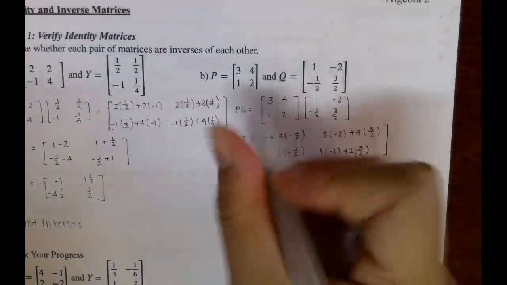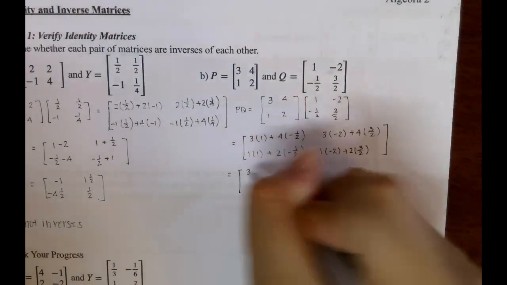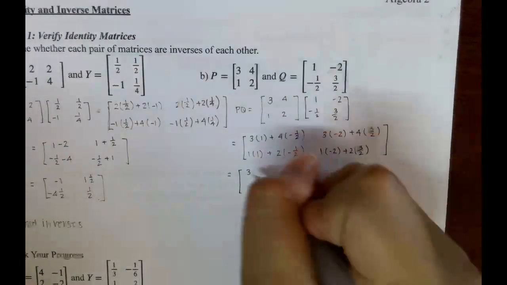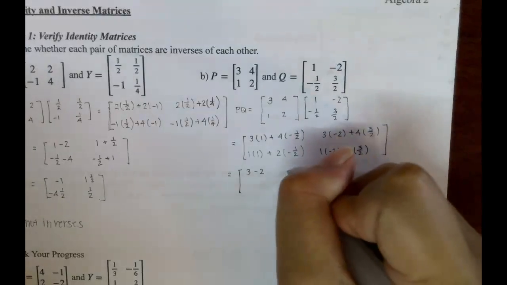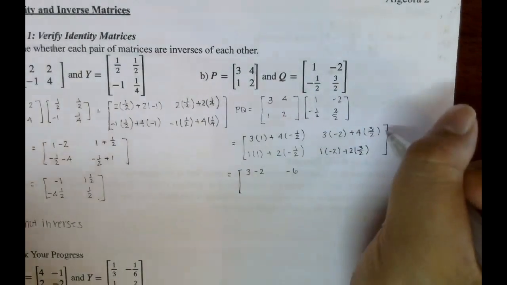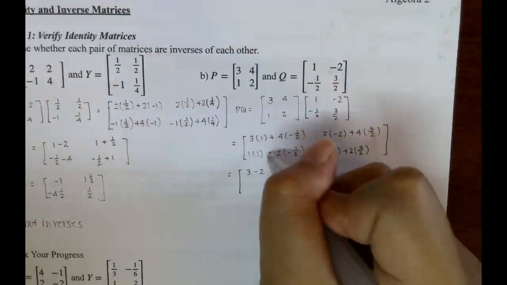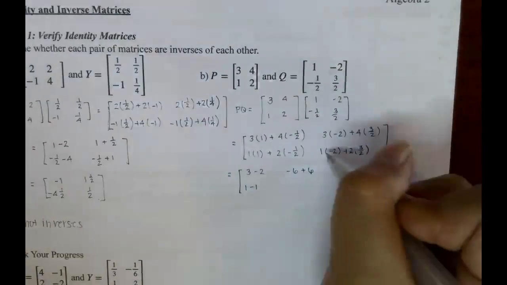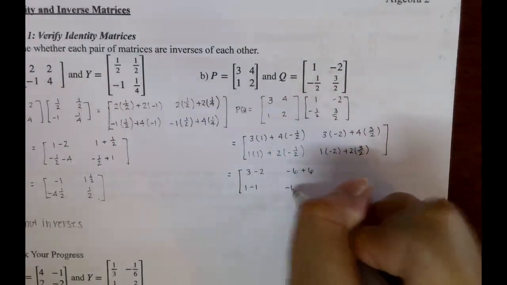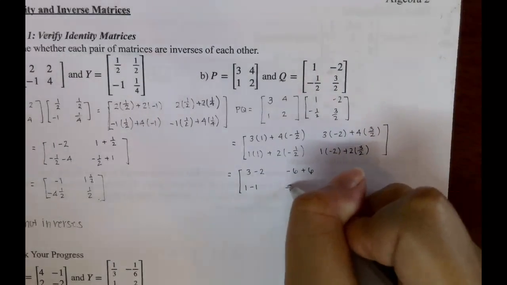Okay? So 3 times 1 is 3. 4 times negative half is negative 2. 3 times negative 2 is negative 6. 4 times 3 halves is 6. 1 times 1 is 1. 2 times negative half is negative 1. 1 times negative 2 is negative 2.